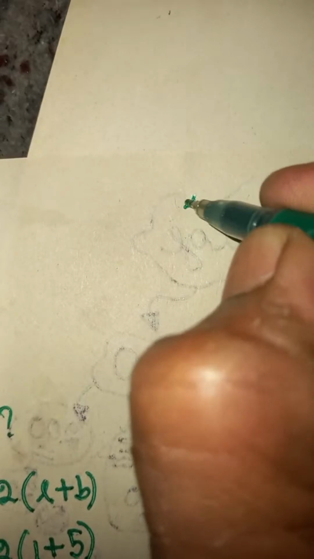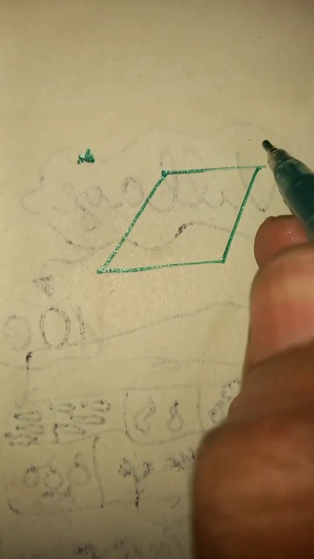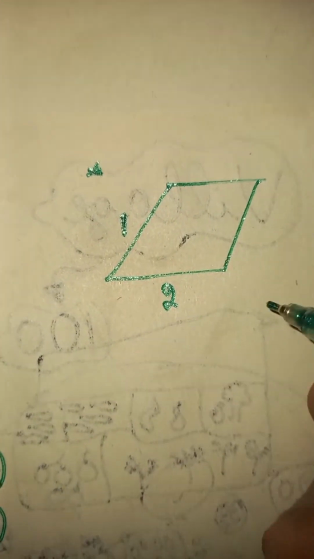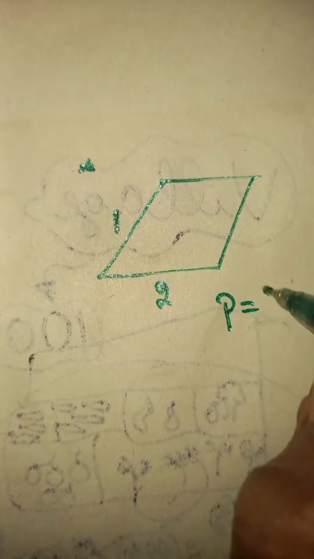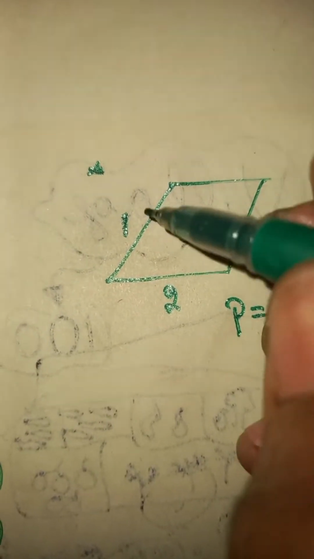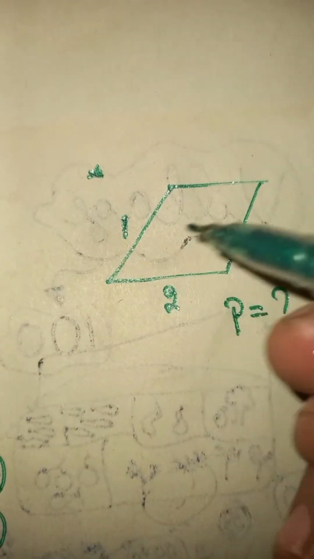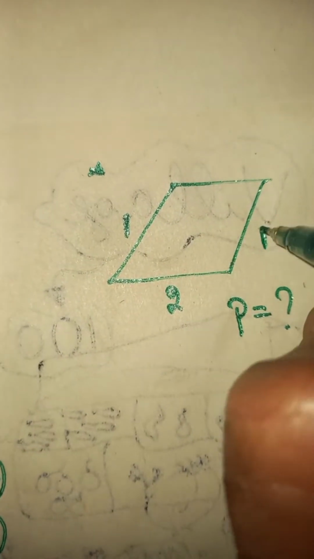Let's take the next shape, which is parallelogram. In the first parallelogram, they have given the adjacent sides as 1 and 2 units. You need to find out the perimeter of the parallelogram. Opposite sides in a parallelogram are equal, so this side is 1 unit, and this side also becomes 1 unit.